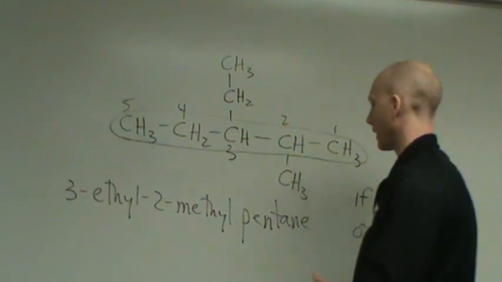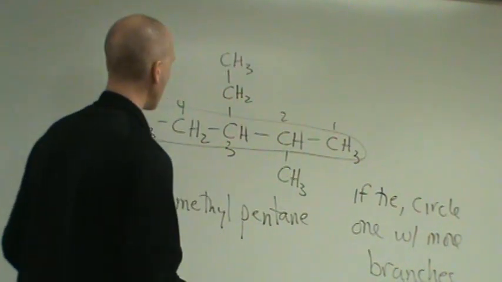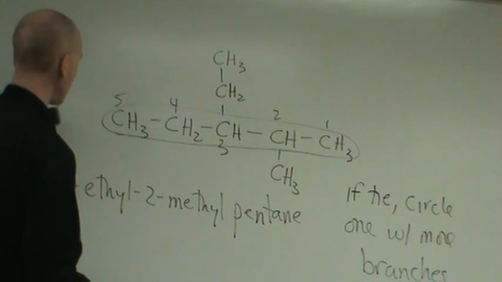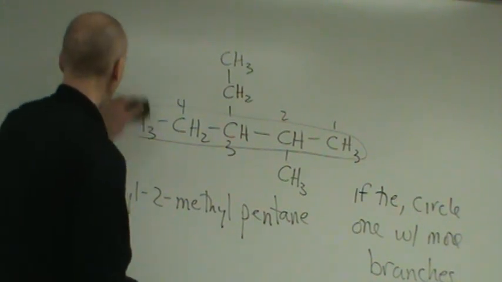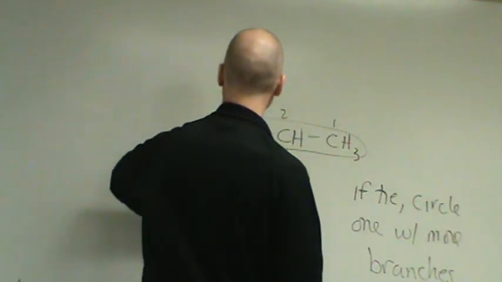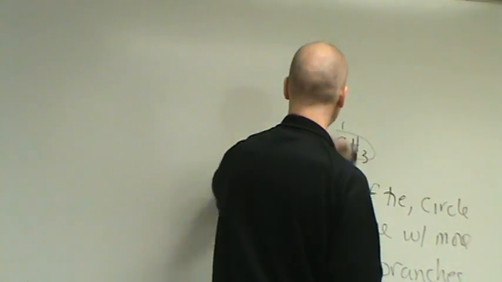All right, so today we're going to get a little bit more complex in naming these molecules. What we're going to do now is look at some other groups that can be put on the parent chain.